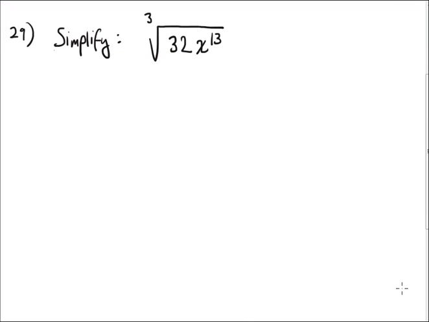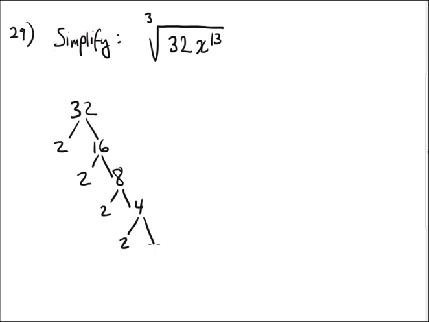Okay, simplify this radical expression. Of course, 32 is not a perfect cube. Let me analyze 32. The factorization is 2 times 16, 2 times 8, 2 times 4, 2 and 2.